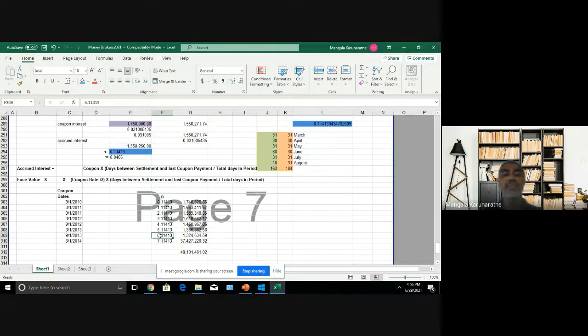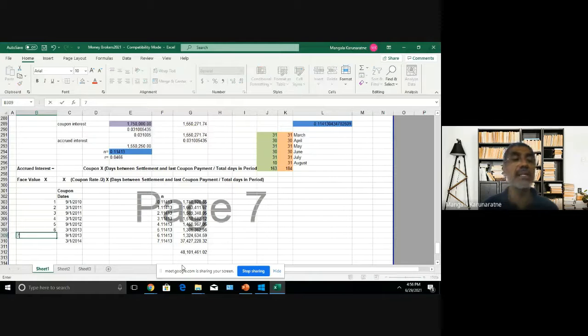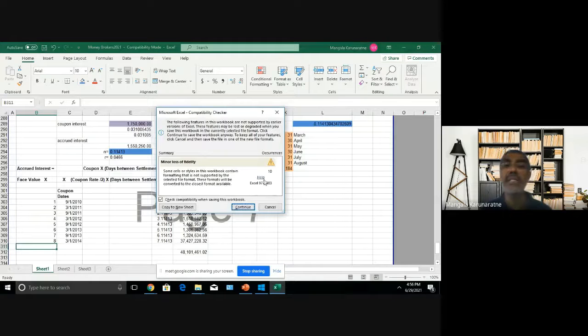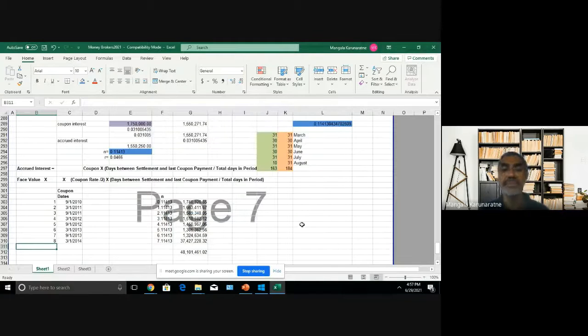So this one, we can say the coupon. For ease, we will name them first coupon, second, third, fourth, fifth, sixth, seventh, and eighth. So 8 coupons are there, right?